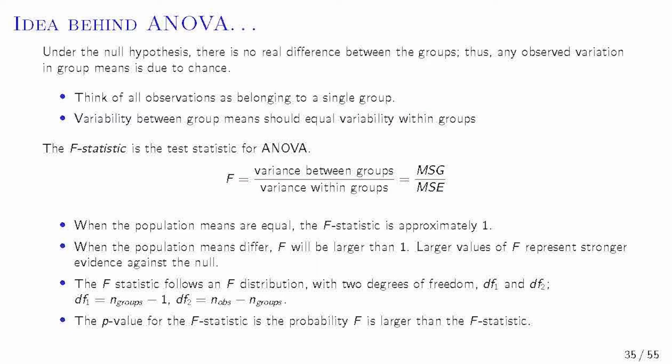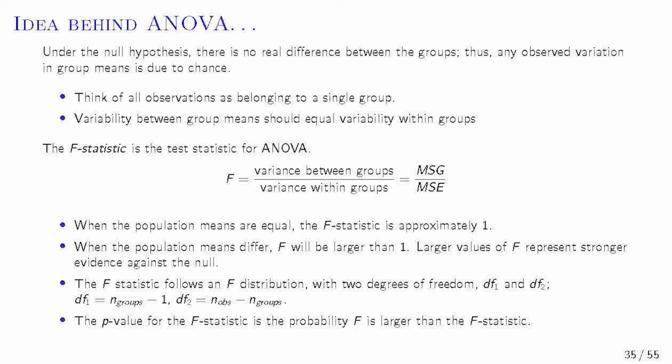So under the null hypothesis, we're saying there is no real difference between the groups. Any observed variation is just due to chance. And we're going to think of all of the observations belonging to a single group. And the variability between group means should be equal to the variability within groups. Okay, that's kind of a mouthful.